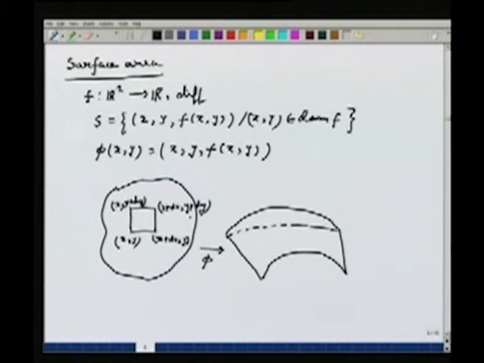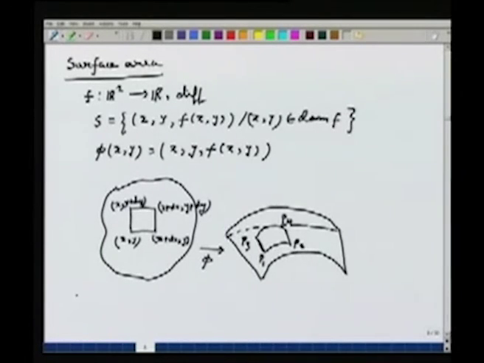Now this small rectangle under the map phi is mapped, let us say, to a curved rectangle. It goes to something like this. Let us say these are the points P1, P2, P3, P4.